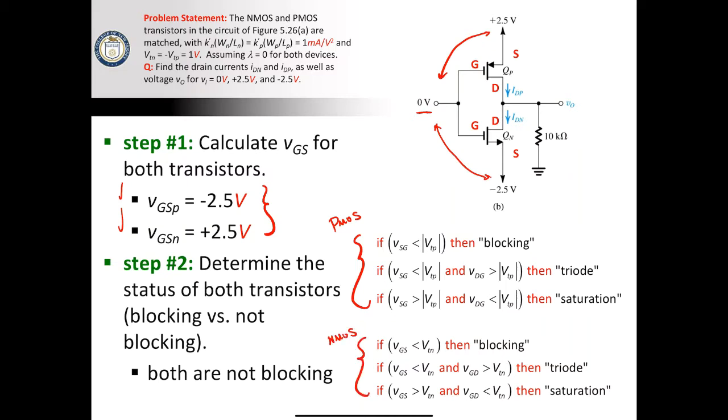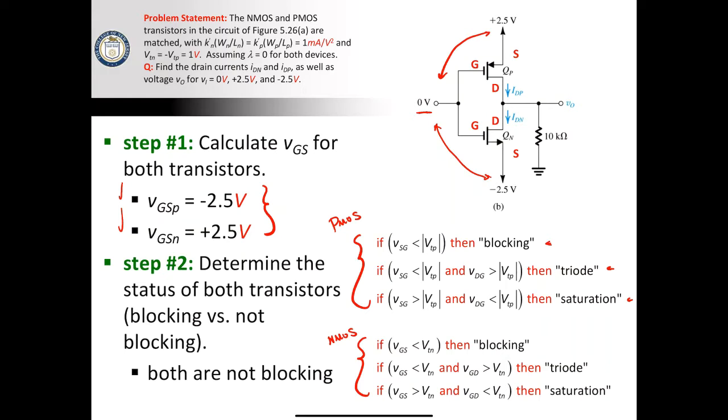Okay, and so what we see is, right, it's all laid out for you. If this occurs, then we're blocking. If this occurs, then we're in triode. If this occurs, we're in saturation. And so both are not blocking. And so how do we know that?